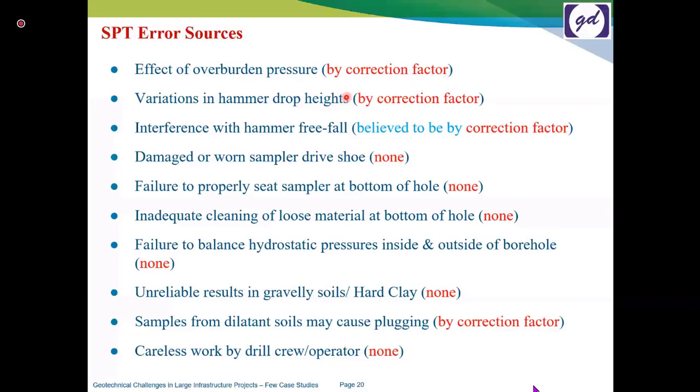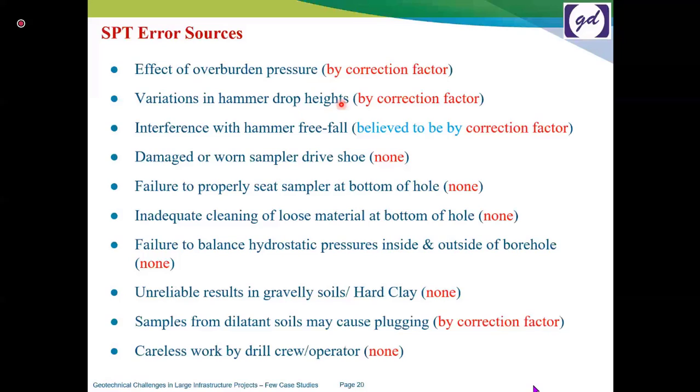This correction factor is, I would say, originally determined by energy correction factors. However, this correction factor is not in practice in India. We usually assume that whoever takes the SPT, or whatever the type of hammer, whether it's donut, automatic or safety, they apply the same energy, which is not correct.